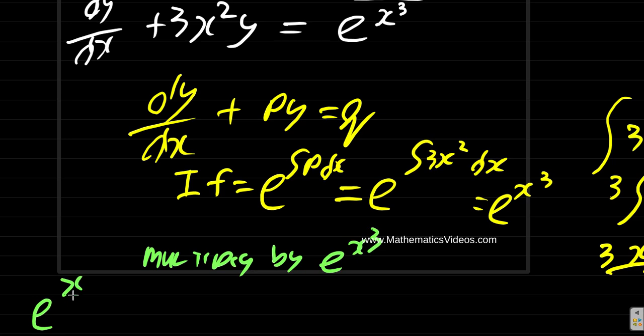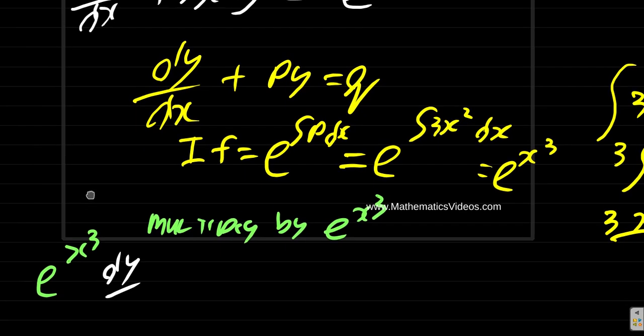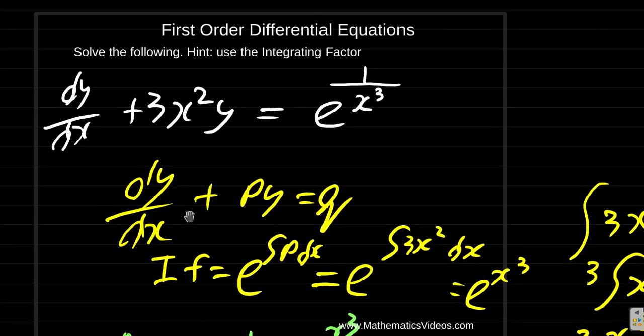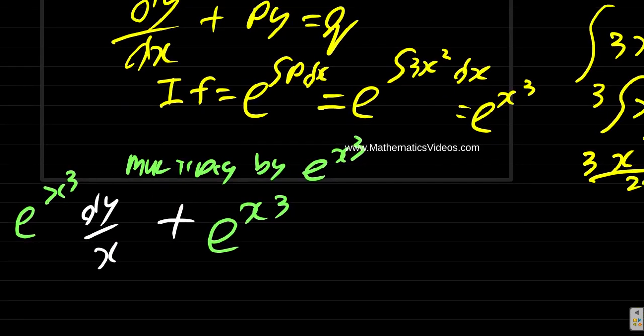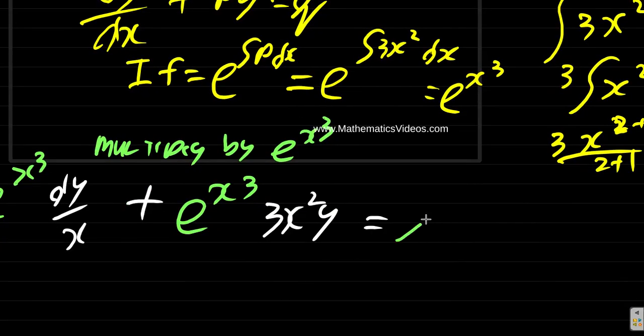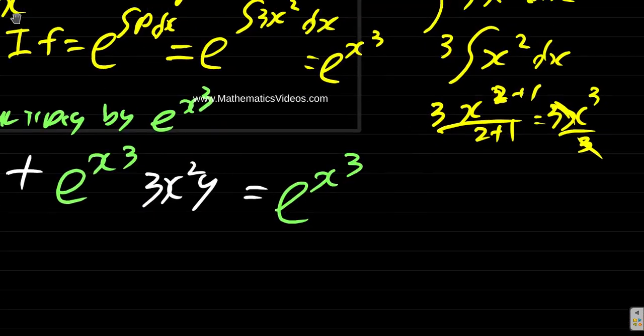So you have e to the x cubed times dy by dx plus e to the x cubed times 3x squared y equals, so you have e to the x cubed times 1 over e to the x cubed.